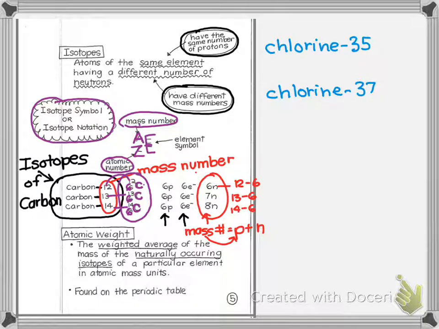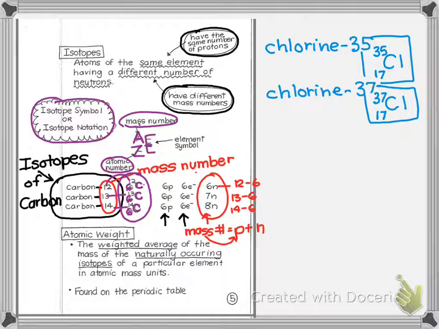So the symbol would be Cl for both because they're chlorine, and they would both have their atomic number 17 written as the lower number. Just knowing it's chlorine, I can find those two things. Then the mass number, in this case, was given: this one is 35, and this one is 37. So right here and right here, I've written the isotope notation, or the isotopic symbols, for chlorine-35 and chlorine-37.